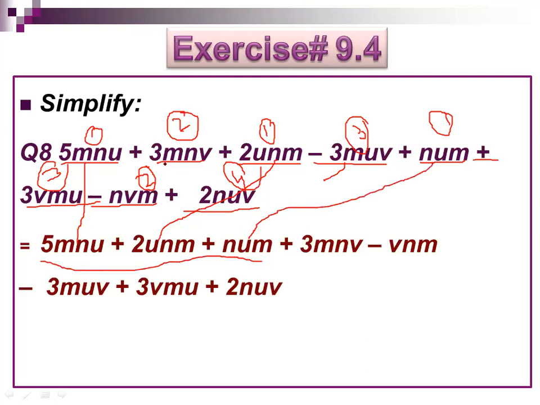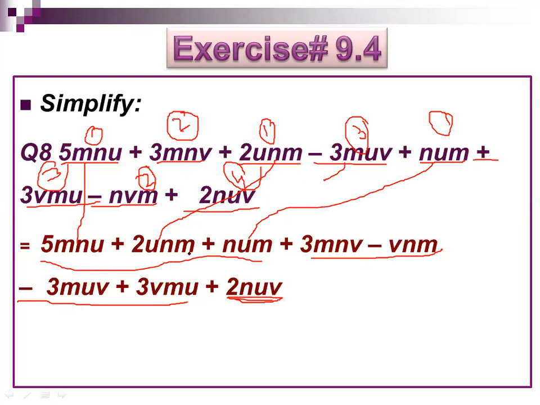Then your second like term is this one, minus vm. Your third like term is minus 3muv and 3vmu, and the last one is 2 and uv. Now simply you are going to add them together.